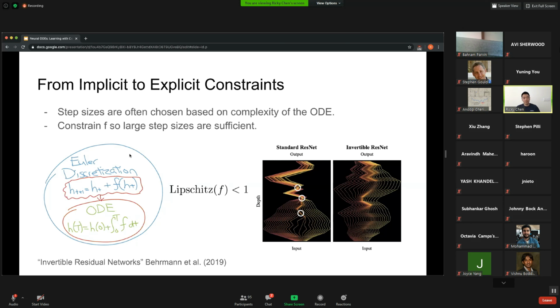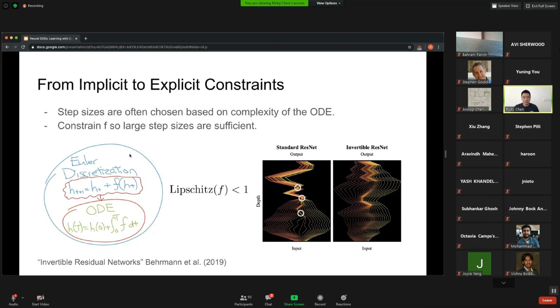We can show that if we use the Euler discretization, the step size and the Lipschitz constant of f need to be in an inverse relationship. So without loss of generality, we're always going to choose a step size of 1. This means f simply needs to always be Lipschitz less than 1.